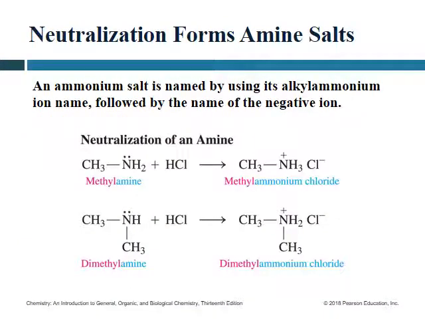So for instance, now we can take different derivatives of amine. Like here we have CH3NH2 plus HCl. What would happen? Same idea. This acid will give its hydrogen to the amine group, and it will turn into NH3 plus. And there is a Cl minus that's left.